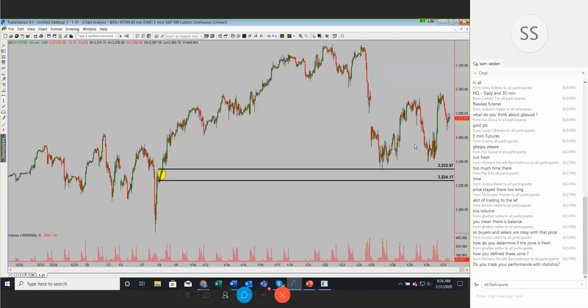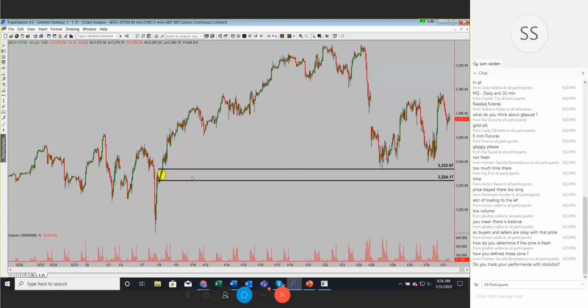However, just because a level is not fresh doesn't mean it's not a trade that we can take again. What a lot of people do is say, oh, price came back to that area, that level, a number of times, so don't take it again. According to the strategy, what you want to focus on is how deep did price move into the level?